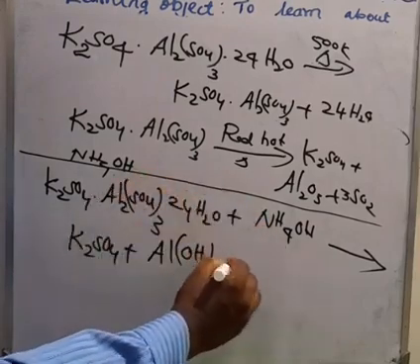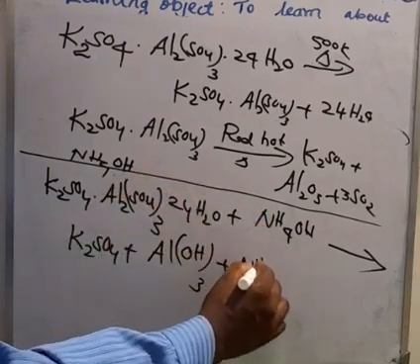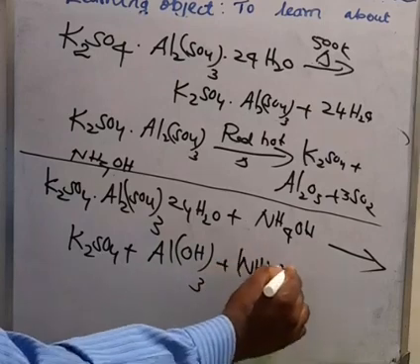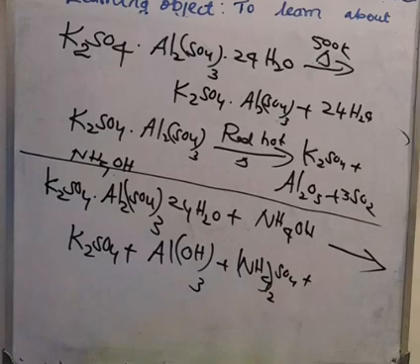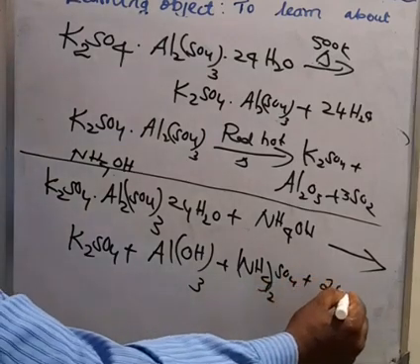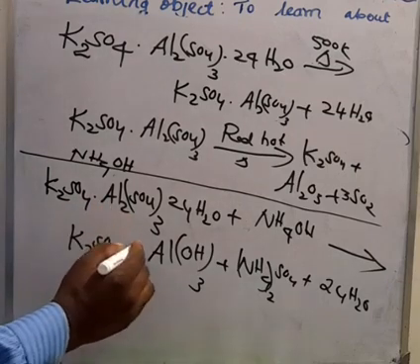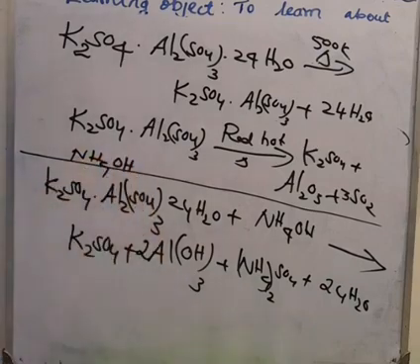What is the formula for ammonium sulfate? (NH4)2SO4, plus 24H2O, including aluminium hydroxide, Al(OH)3. So how much aluminium on the reactant side? 2 aluminium, so make it 2 aluminium on the product side. How many water molecules? 24. That is correct.